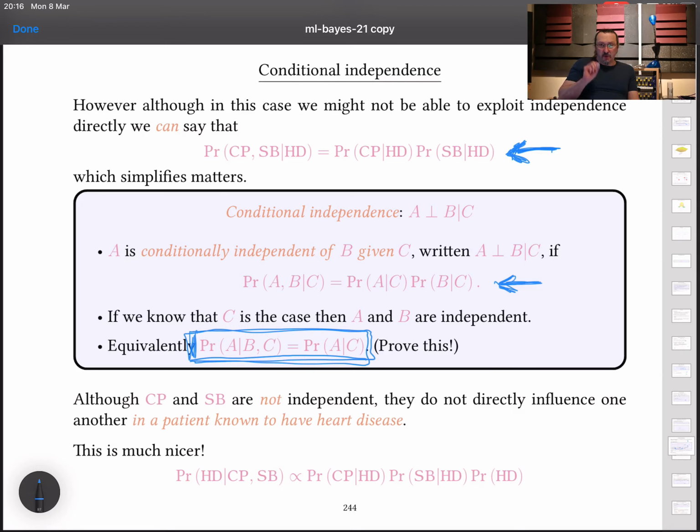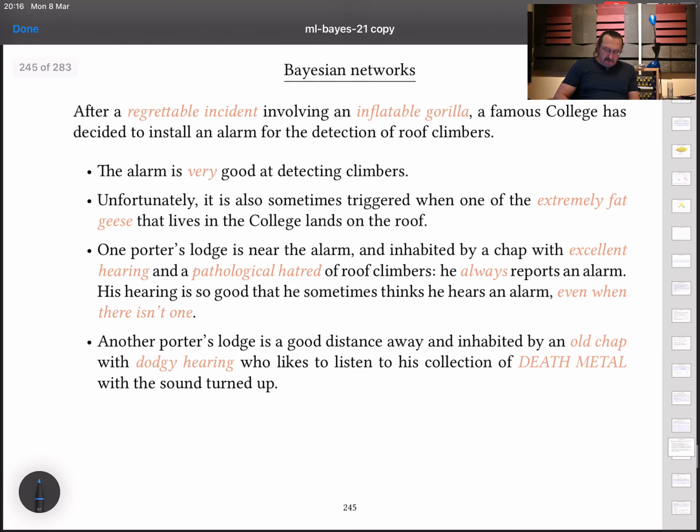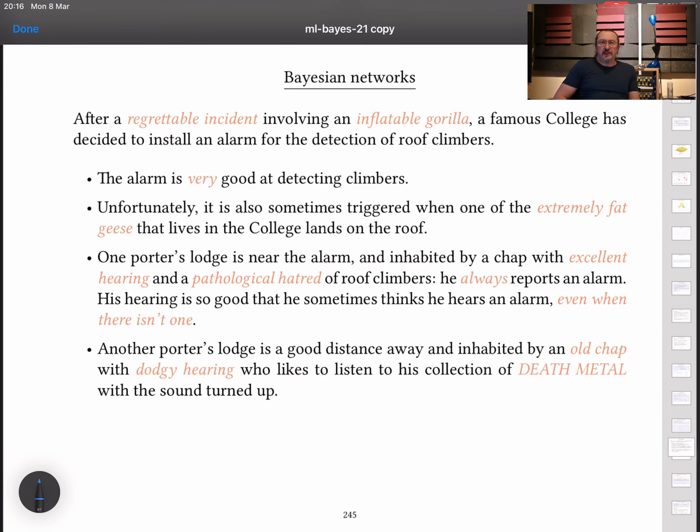The heart disease causes both the chest pain and the shortness of breath. And that gives us this conditional independence assumption. So that means that this kind of relationship can be inferred. But let's look at this with a concrete example.